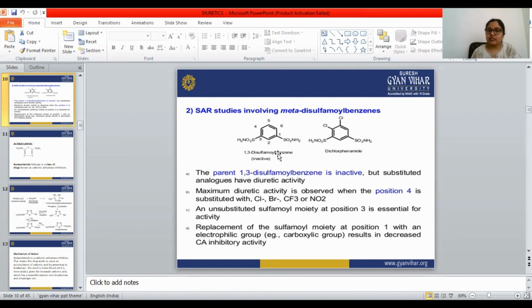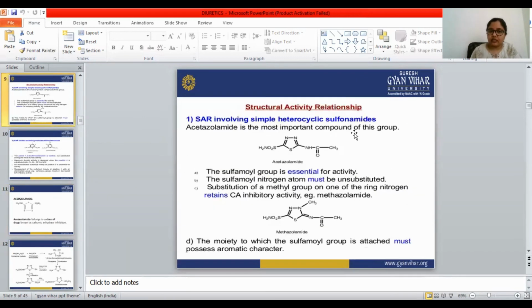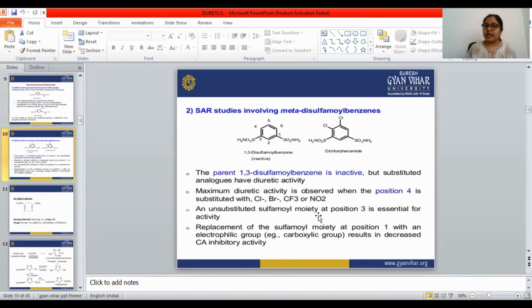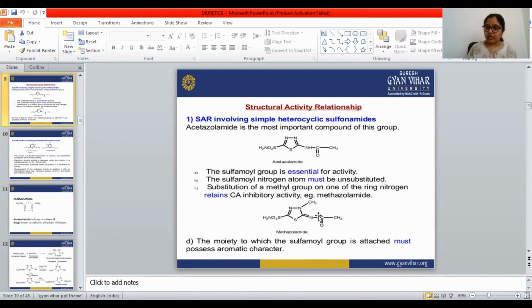So this is the SAR of the meta disulfamyl benzenes. That is the drug we studied here, dichlorphenamide. And the other drugs are acetazolamide and methazolamide. In our syllabus we have to learn about acetazolamide, methazolamide and dichlorphenamide, and these three drugs come under the family of carbonic anhydrase inhibitors.